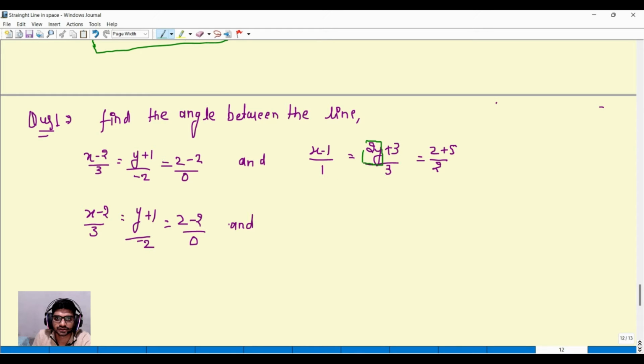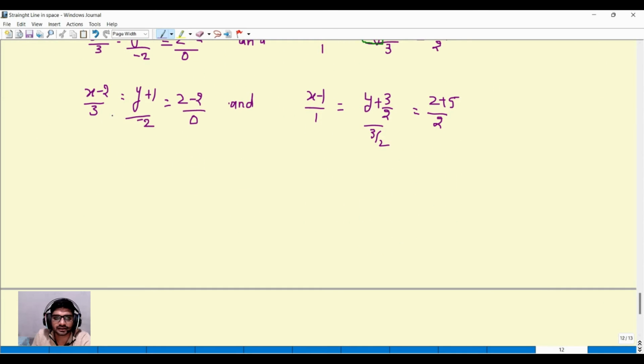So we write x minus 1 equals (y plus 3 by 2) upon 3 by 2, equals (z plus 5) upon 2. Then we are going to extract the ratios of the line.